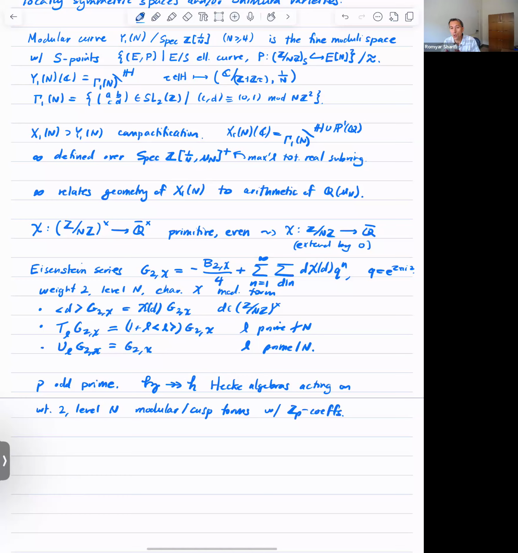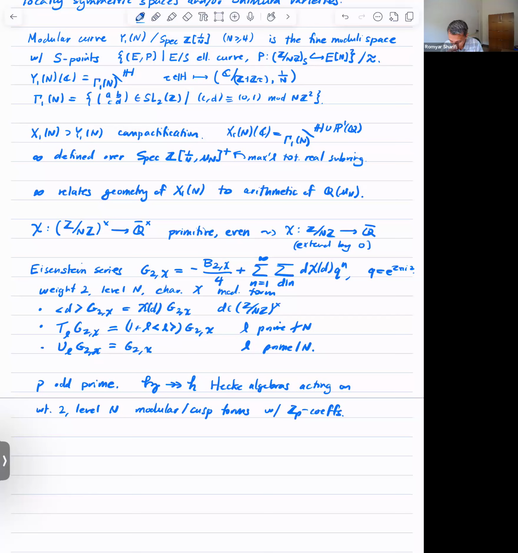You can think of it as a homomorphism from the Hecke algebra to Z_p, which then determines the Fourier coefficients of the modular form. Or if you take the set of all modular forms with Z coefficients in the Fourier expansion, and you tensor that with Z_p, then you get modular forms with Z_p coefficients. So these two algebras are Z_p-algebras. The first is of modular forms, and the second is of cusp forms.